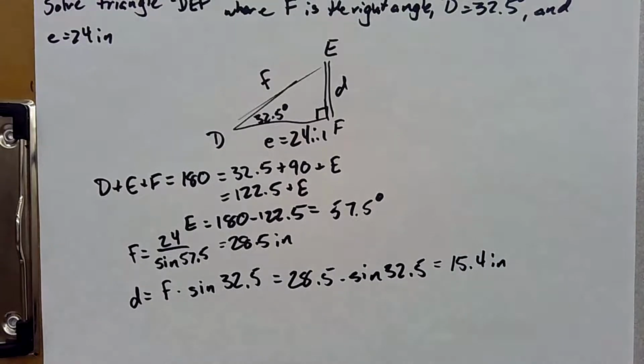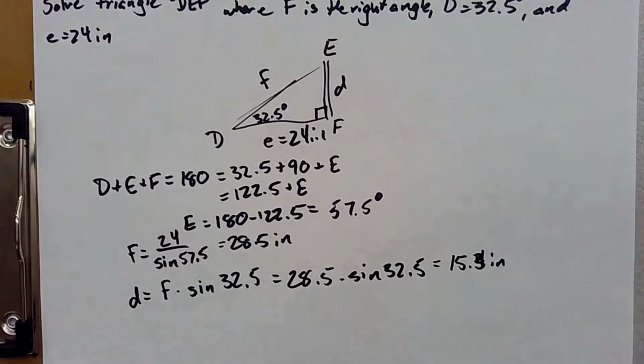Oh, I made a mistake. Let me double check that. We said 28.5 and I wrote 28.65. So it's actually 15.3, not 15.4. It doesn't tell us how many decimal places to use. I'm just using one decimal place.